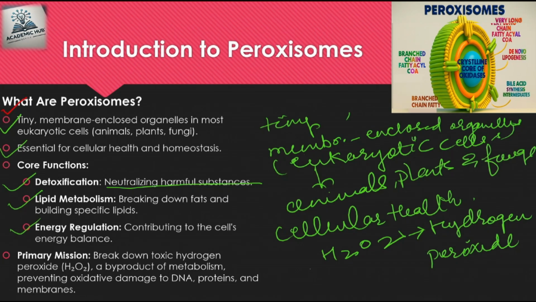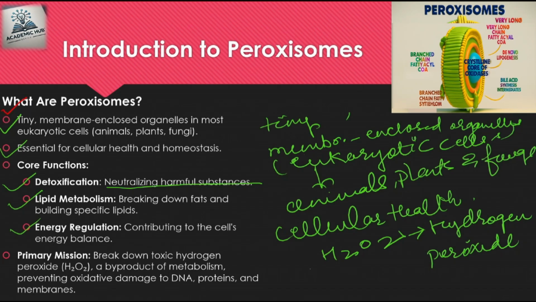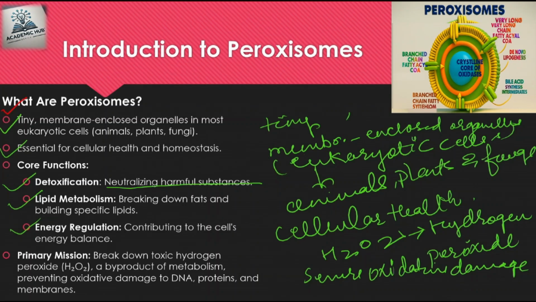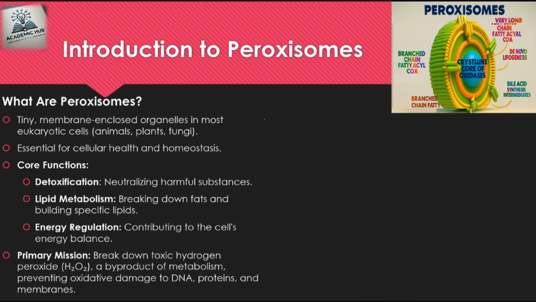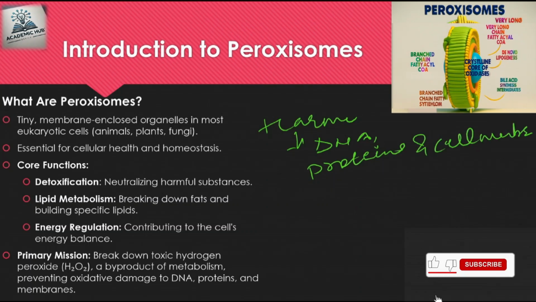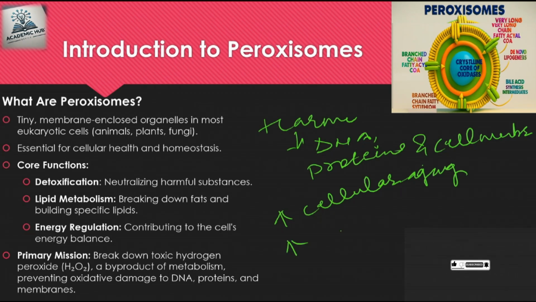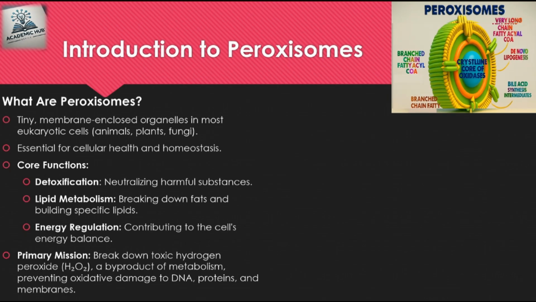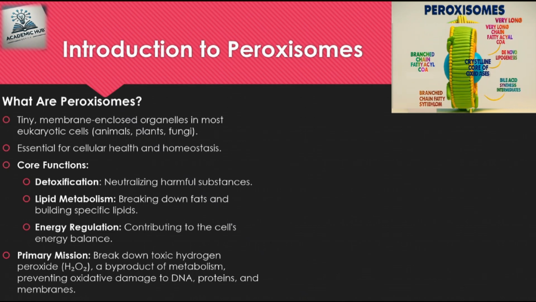Without functional peroxisomes, cells would accumulate severe oxidative damage, which can lead to cell dysfunction and contribute to the development of various diseases. This oxidative damage can harm DNA, proteins, and cell membranes, accelerating cellular aging and increasing the risk of numerous diseases. So, in this way, they detoxify hazardous waste and protect the cellular components.